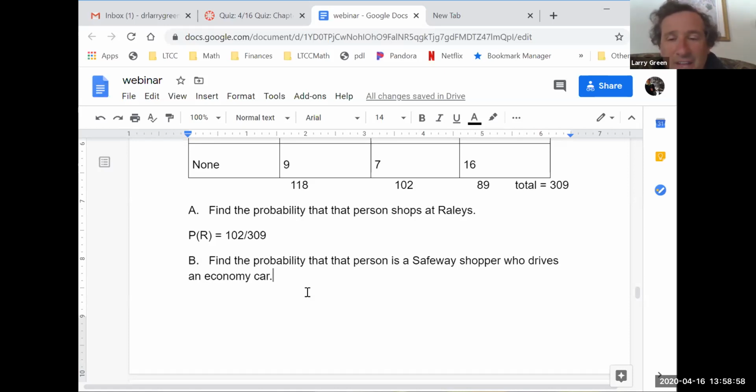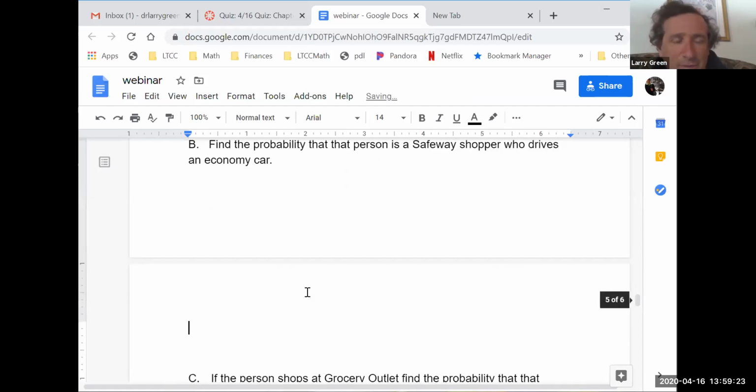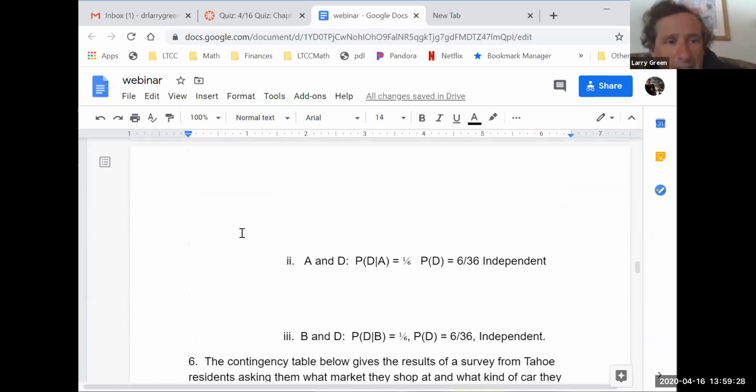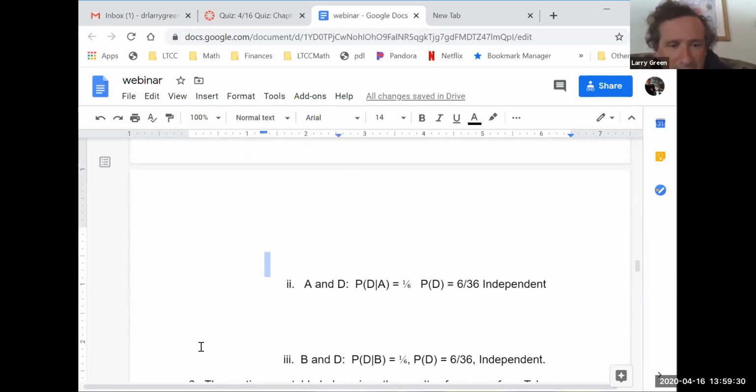The hint is the first letter you should write is P for probability. So again, I could tell you how to do it, but it's better if you try it yourself. This isn't supposed to be that hard. And I'm waiting for a couple of people to see if they agree or not. Okay, so we got some different thoughts. Okay, so if someone is a Safeway shopper who drives an economy car, I'm going to get rid of some of this other stuff so that we can have it on the same page.